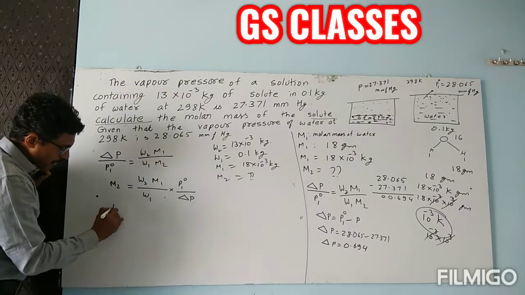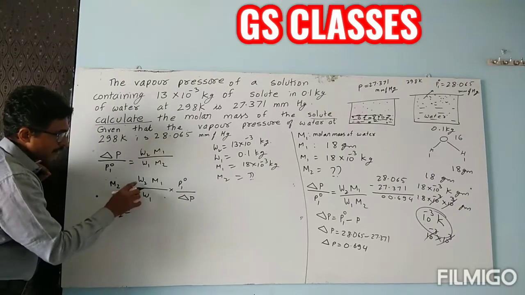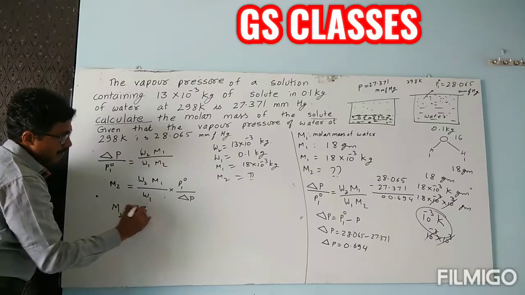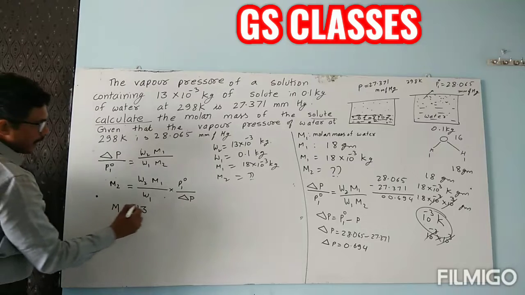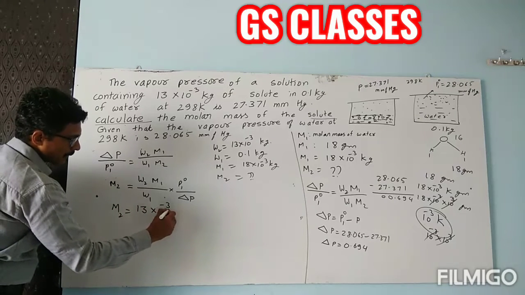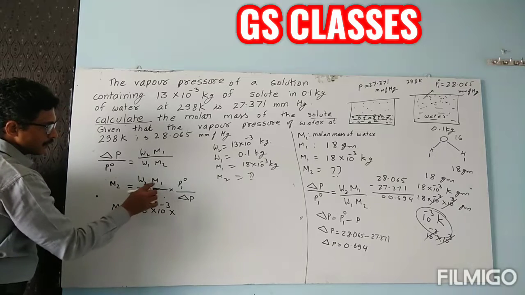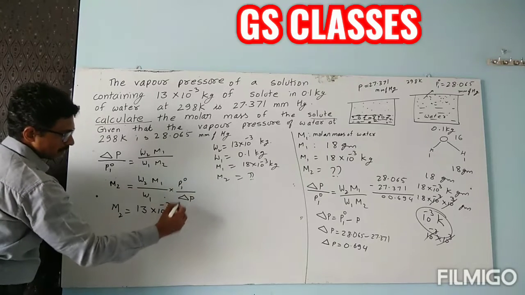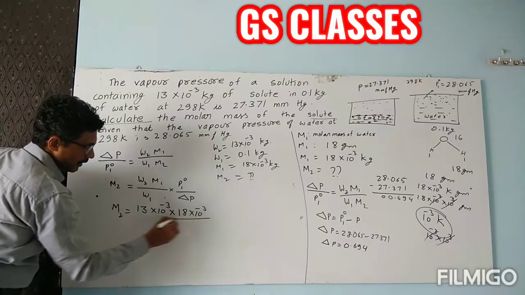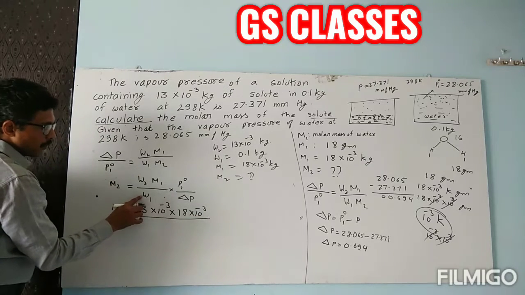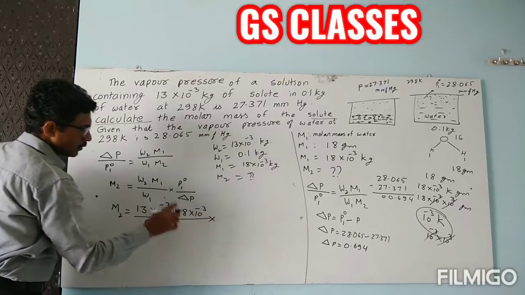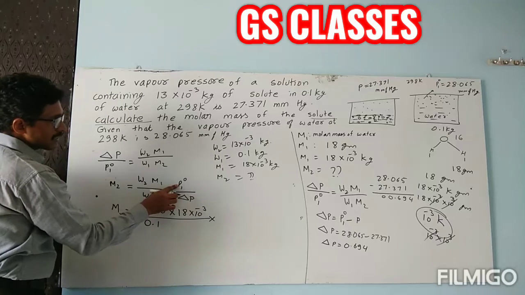Now children, we will put the values. W2 value is 13 into 10 the power minus 3, into M1, which is 18 into 10 the power minus 3, W1 is 0.1, into P1 standard.